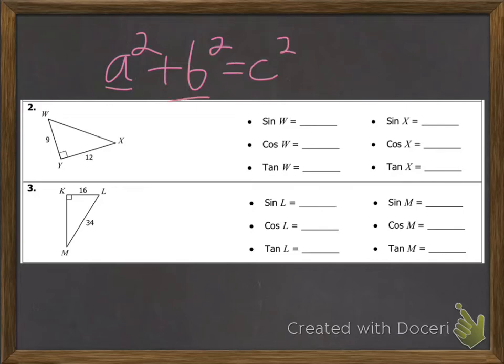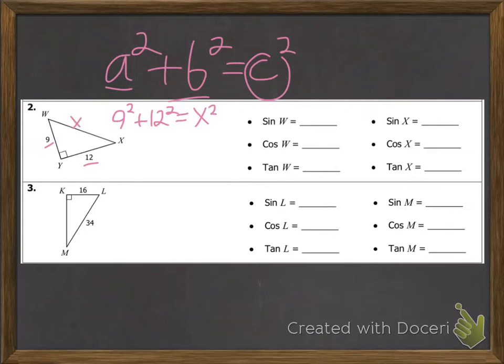A and b are the legs, c is the hypotenuse. So with number 2, they gave us the 2 legs. We need to find our hypotenuse. So we're going to have 9 squared plus 12 squared equals, and then I'm just going to call it x. So put a little x right there.